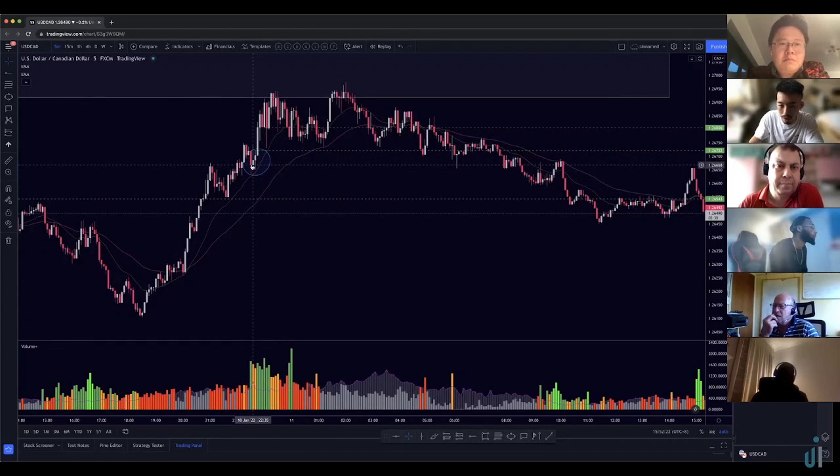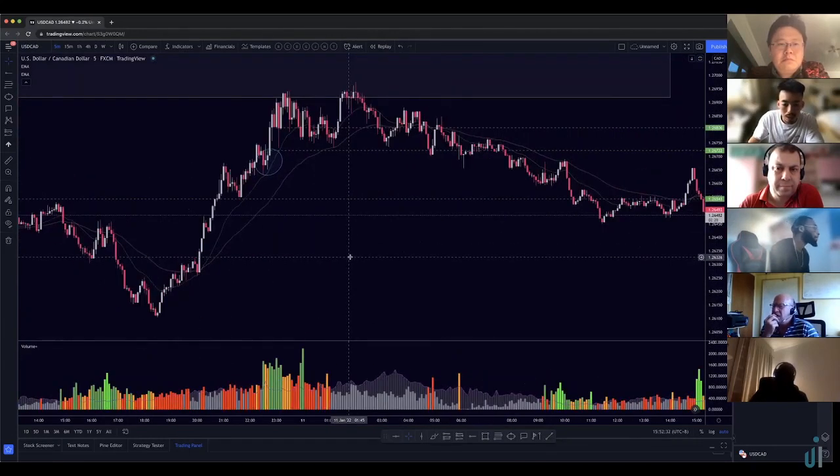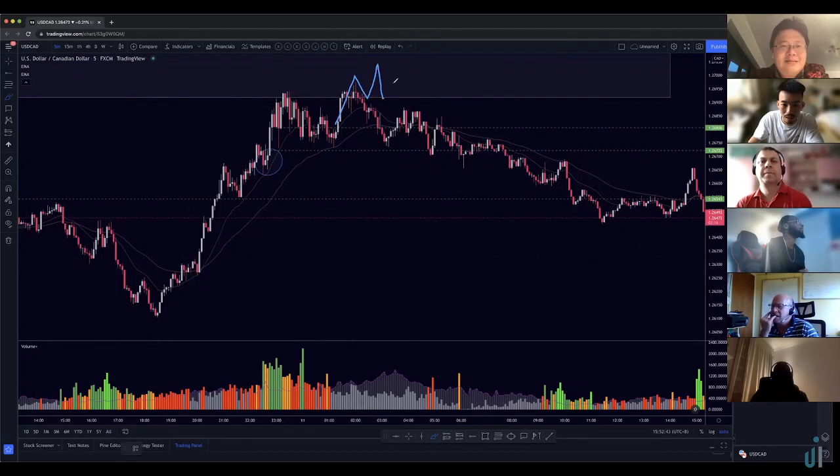The guy who started up there, the guy who started is all the way down here. To take him out, you're pretty much already at a level where buyers could come in, right? So the only way to do this safely is two options. The first option is praying, if that's the right word, that you get a new leg towards the upside and then get a kill on top to sell like that.